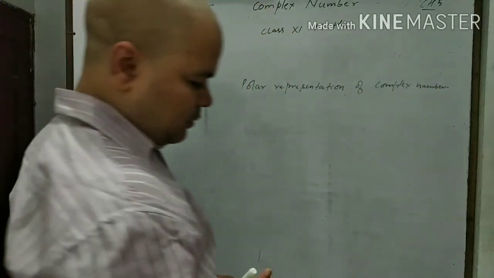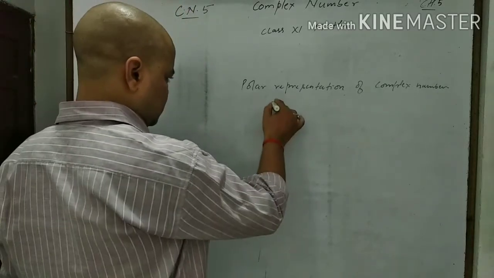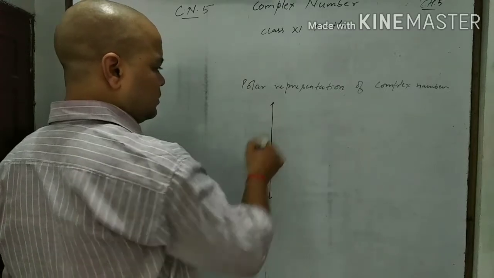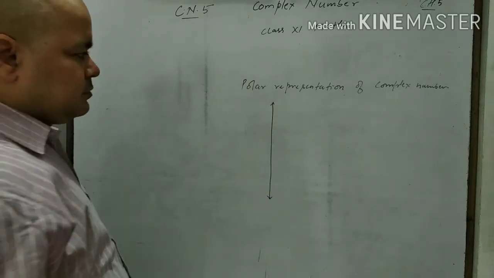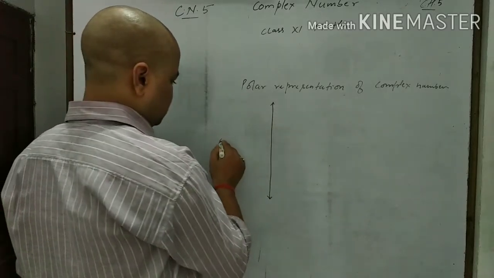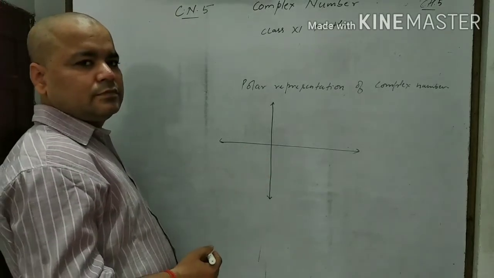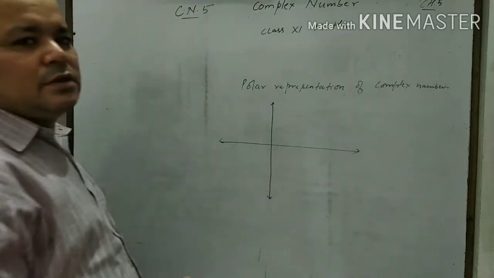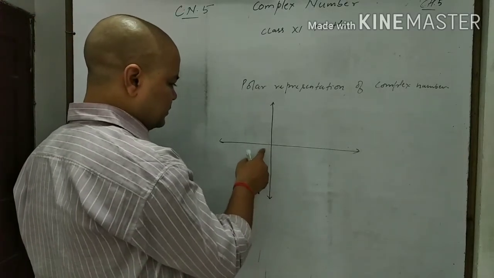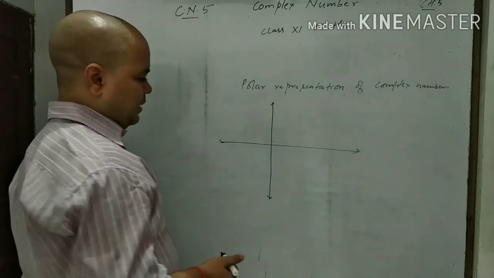The vertical axis is the y-axis for the coordinate plane, but the imaginary line for the complex number, and this is the real line for the complex plane or Argand plane, or simply the real x-axis for the coordinate plane.